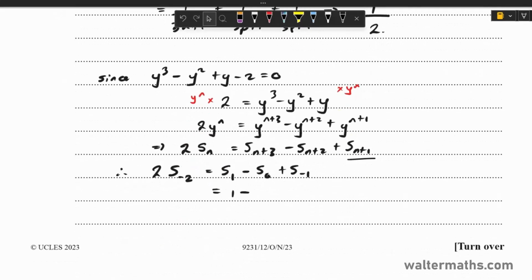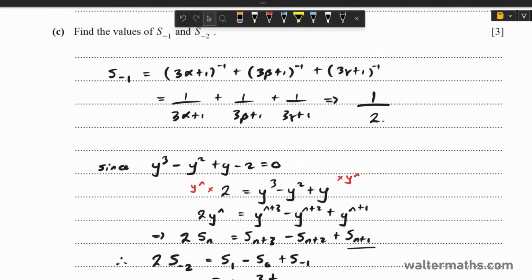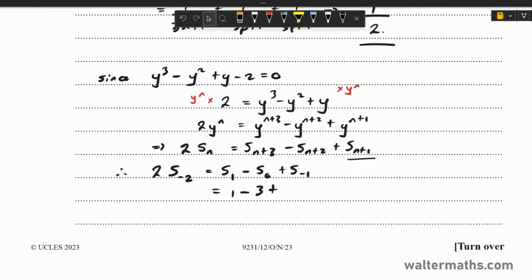So here is 3, and it's plus sum to minus 1. This is what we got to be a half here. So it's a half plus a half. So 1 minus 3 plus a half is minus 3 over 2. And if we divide that by 2, we would therefore get sum to minus 2 being equal to minus 3/4. So that is what we do for this particular question.